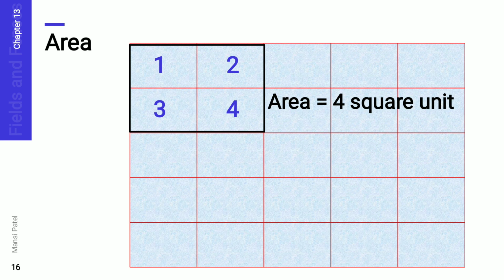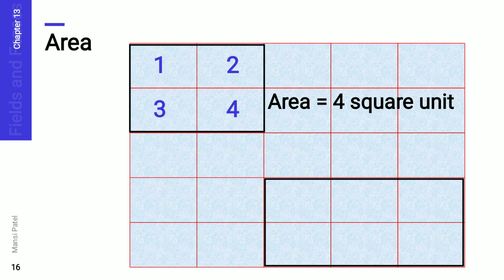Understand? Now let us see another example. If I cover just this much area of the whole land, then how much area do I occupy in this land? So count the number of boxes covered by this outline.